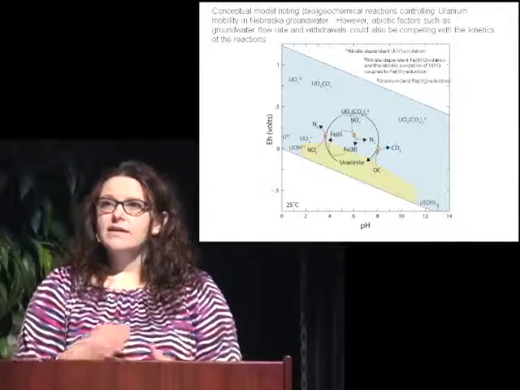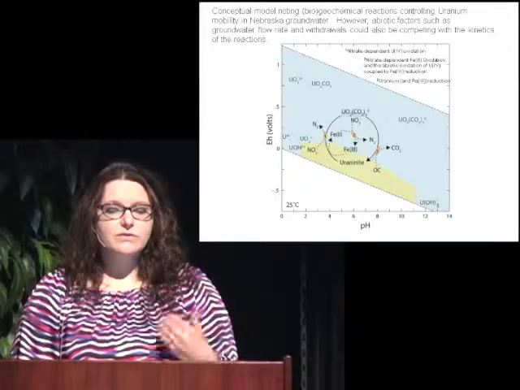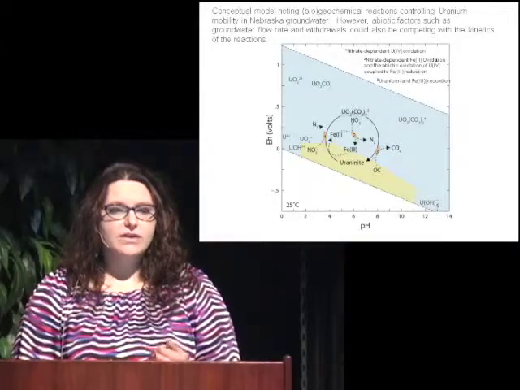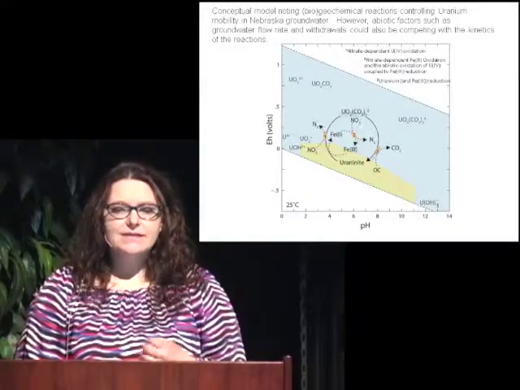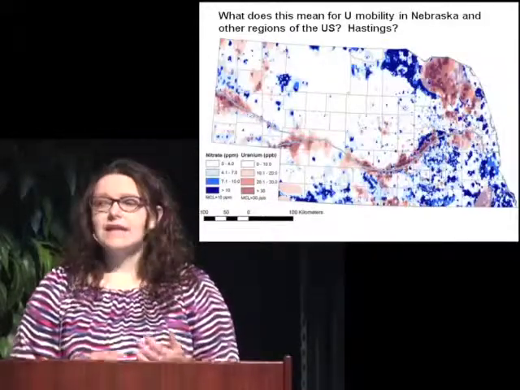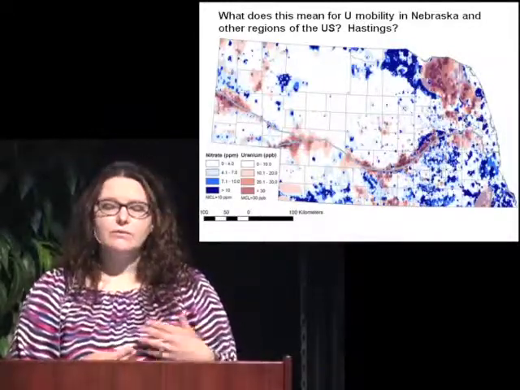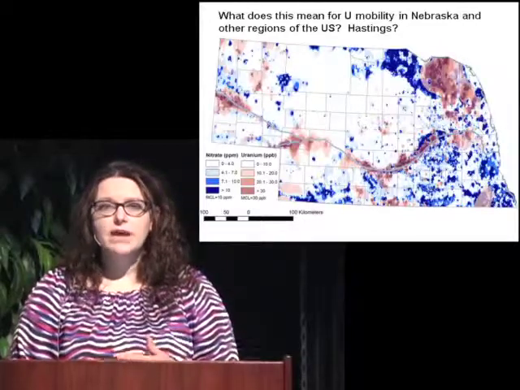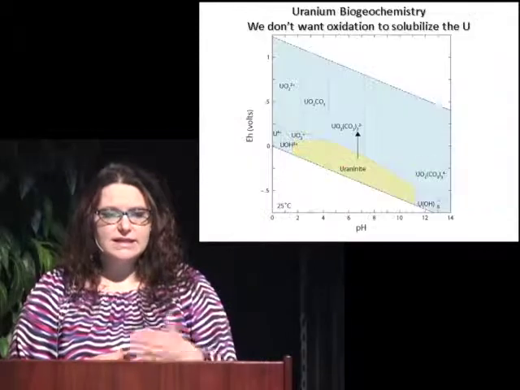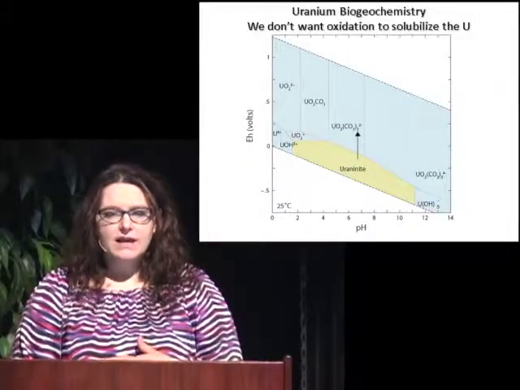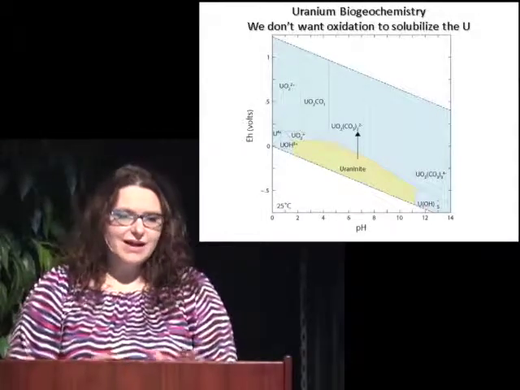So uranium can get reoxidized, but it's also going to get re-reduced as well. So there's uranium biogeochemical cycling that's ongoing in the system. So I think that what's actually going on in this system is complicated by the kinetics of these reactions, and how groundwater flow rate and withdrawals might potentially also be competing with the kinetics of these overall reactions in these subsurface systems. So there's a lot more to study that we don't know as of yet.